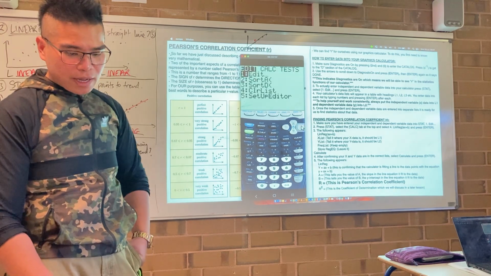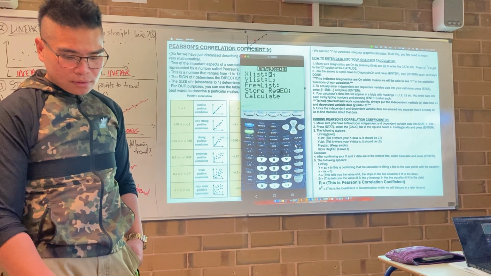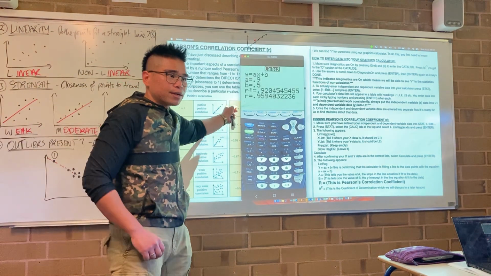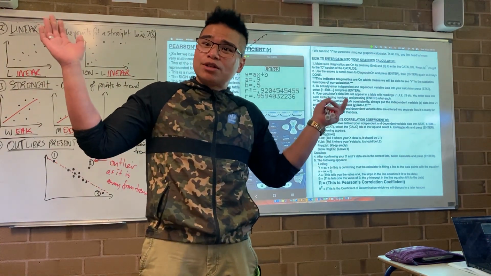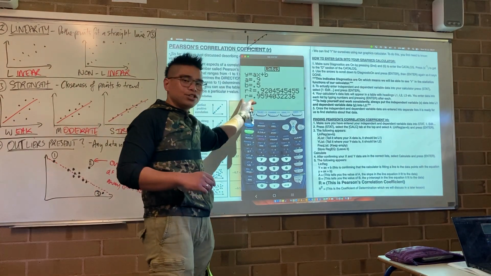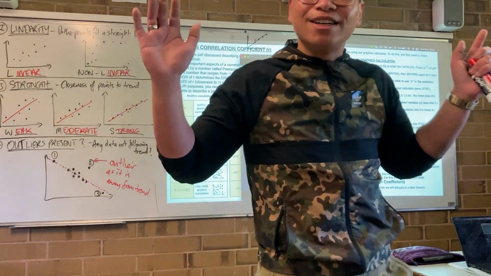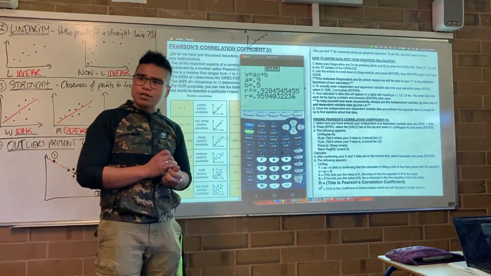Stat, calc, LinReg. Now it's back. Don't ask me why those are Texas Instruments. I don't know why the Americans decided that that wouldn't be useful information. Now the Americans are going to strike me down on my YouTube, whatever. Okay? But does that show you how you find Pearson's correlation coefficient?